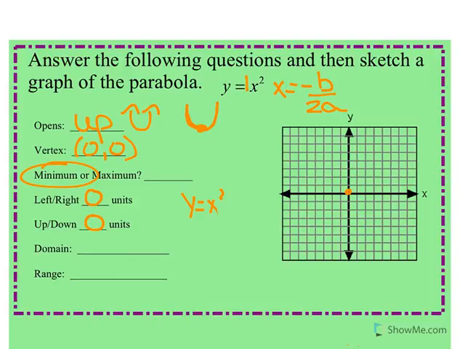The domain and the range. If we were to simply sketch the parabola, we have our vertex at the origin, and we could get a pretty quick idea of about what the parabola looks like. We could sketch and estimate. The domain, from left to right, is going from negative infinity to positive infinity.